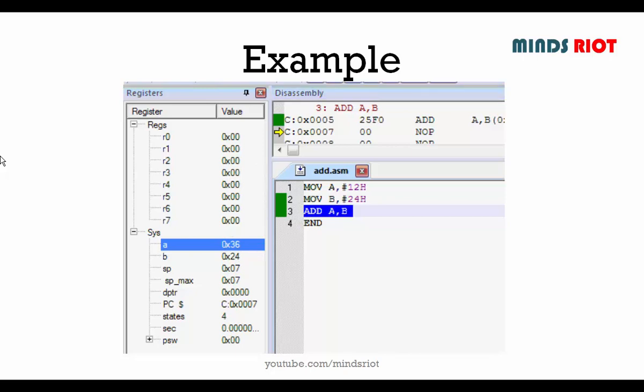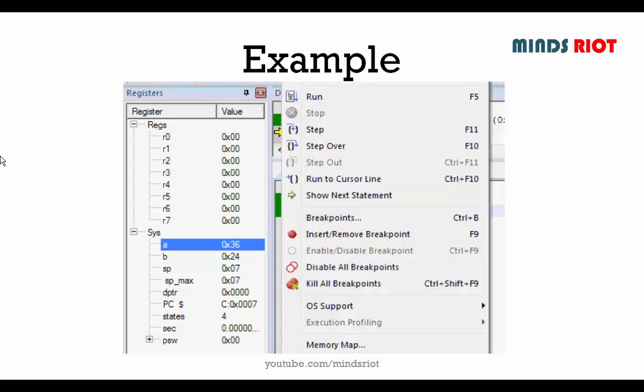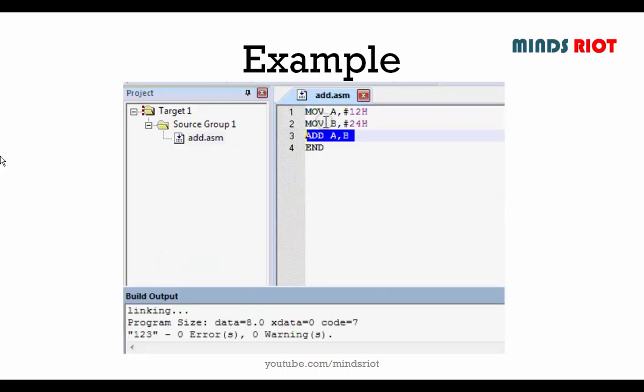Now if we replace the accumulator by another register, let's see. Here I am going to replace the accumulator by register bank register R0. See, it will show an error, invalid register. This means the accumulator is a must to hold one of the contents during arithmetic and logical operations.